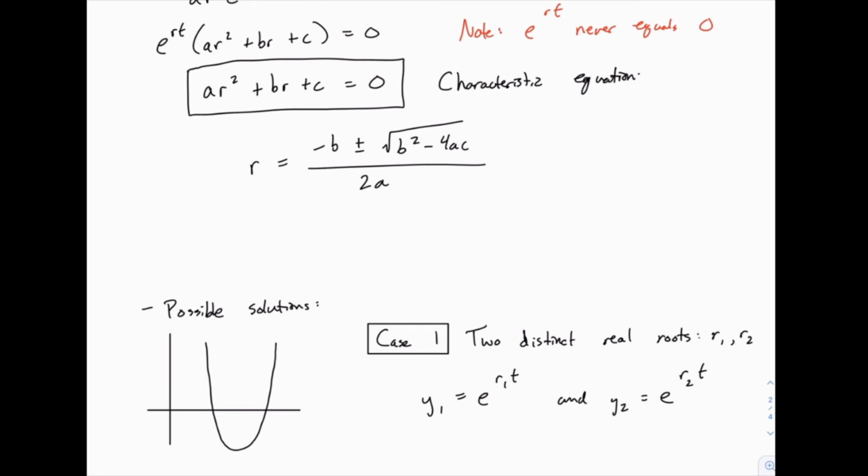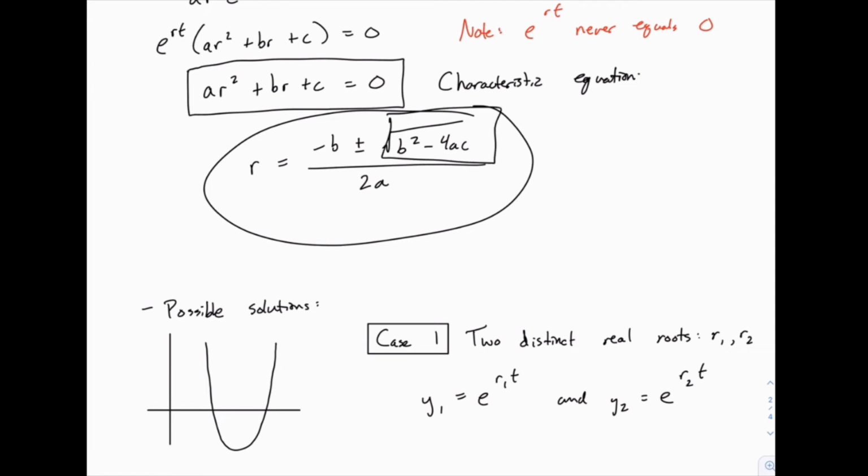Now let's think for a second about where these solutions come from, looking at this quadratic formula. If you remember, you learned this back in your pre-calculus course most likely, this is all based off of this square root here. And that's what's called the discriminant of this quadratic formula, because it determines what type of solutions you get.